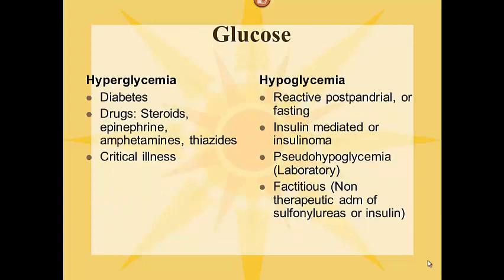Let's talk about different etiologies that could increase glucose. And this is hyperglycemia. Well, the main cause of hyperglycemia is diabetes. Other causes of hyperglycemia would include steroids. Every time a patient is on long steroid use, glucose increases.